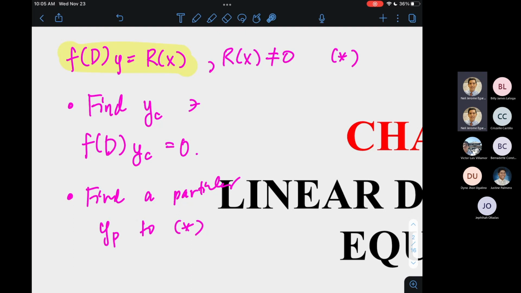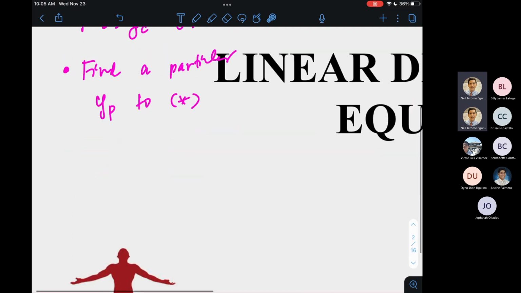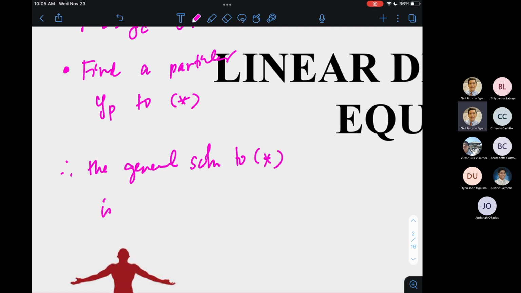Kung si R ay constant, kayang-kaya din natin by the method of inspection na diniscuss natin towards the end of last meeting, right? Because once you find y sub p, ang general solution to star is the sum of the homogeneous solution and the particular solution that you have found.